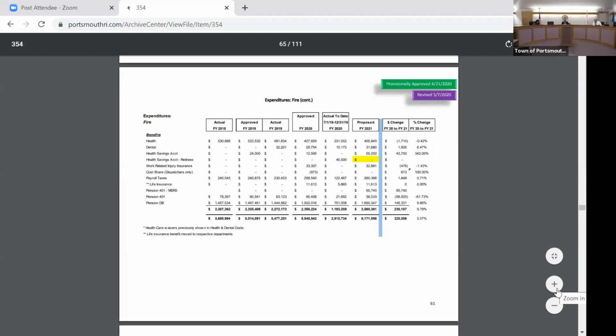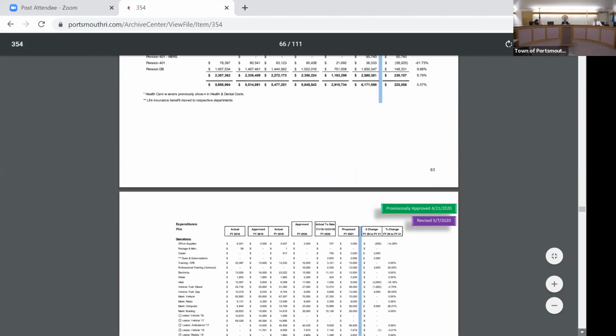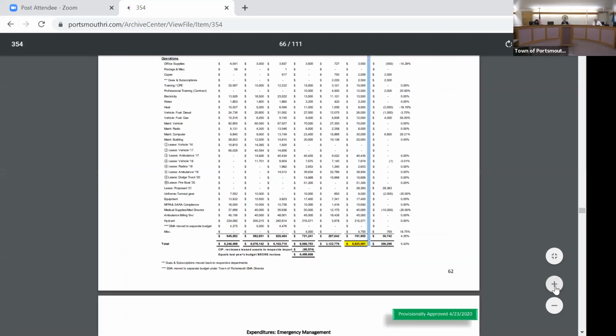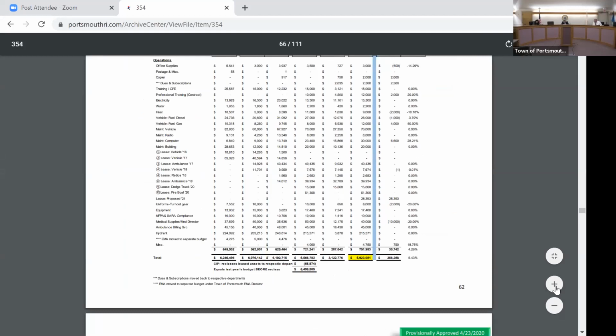Overall, these revisions will change the fire budget from $6,915,581 to, on the next page where we have the total at the bottom, $6,923,081. We are therefore asking for new provisional approval of $6,923,081 for fire expenditures. Keith Hamilton, so moved. Mark Ryan, second.